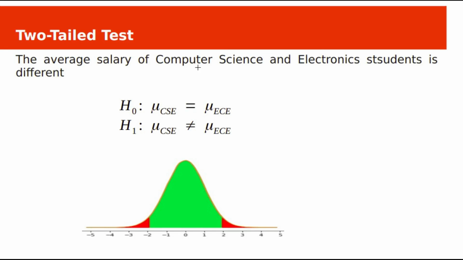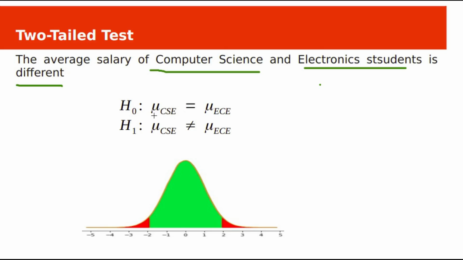The average salary of computer science and electronics students is different. This statement says that the computer science students' average salary is different from the electronics students' average salary, but the null hypothesis will not claim any difference between the population means.